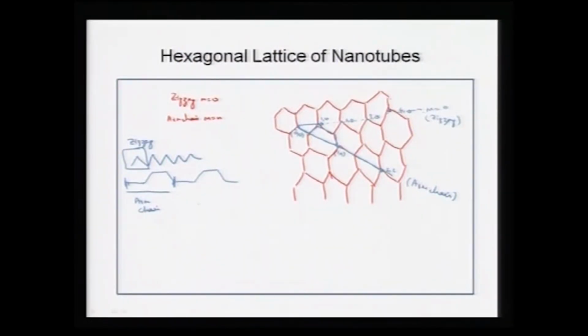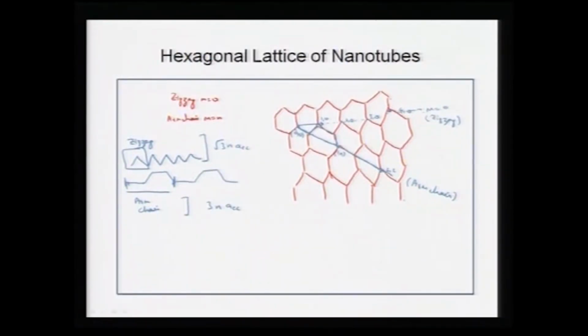So, we learned that the chiral vector for zigzag was root 3 n ACC. For armchair, the chiral vector was 3 times n ACC. So, depending on the n, that is the vector which has been traversed along on a particular side. So, n is along direction x and along A1 and m is along A2.